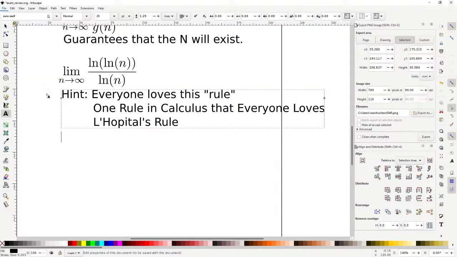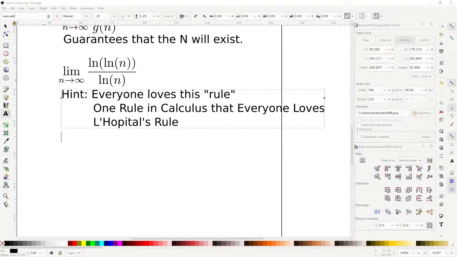But the point is that, so if we take L'Hopital's rule of this thing, we notice that this is an infinity over infinity, right? And so if we take the derivative of this, what are we going to get? The derivative of the top is 1 over the natural log of n, or it's really 1 over n times the natural log of n by the chain rule, right?